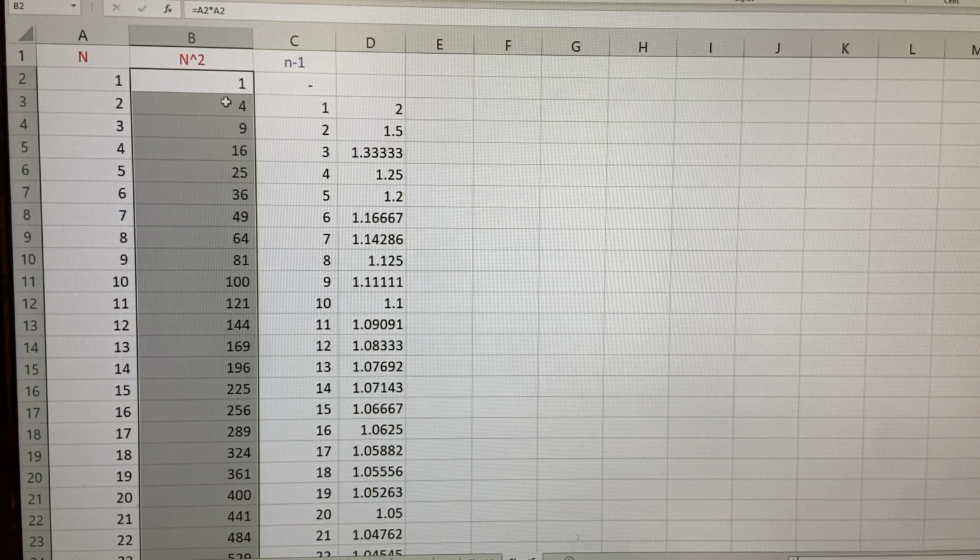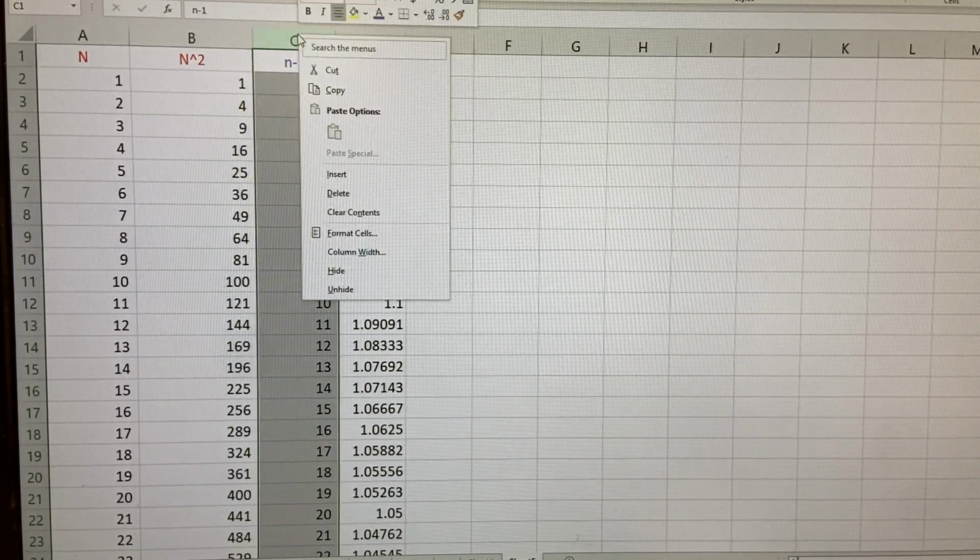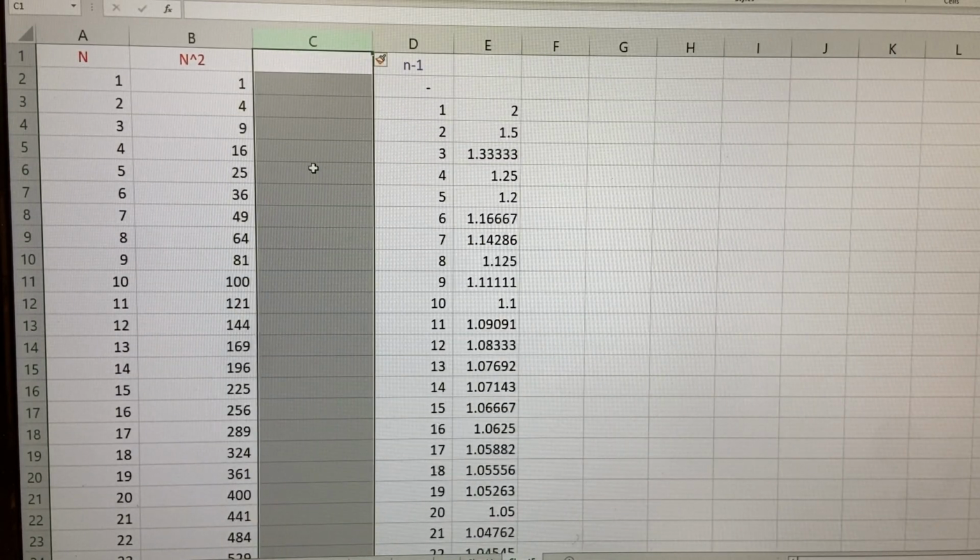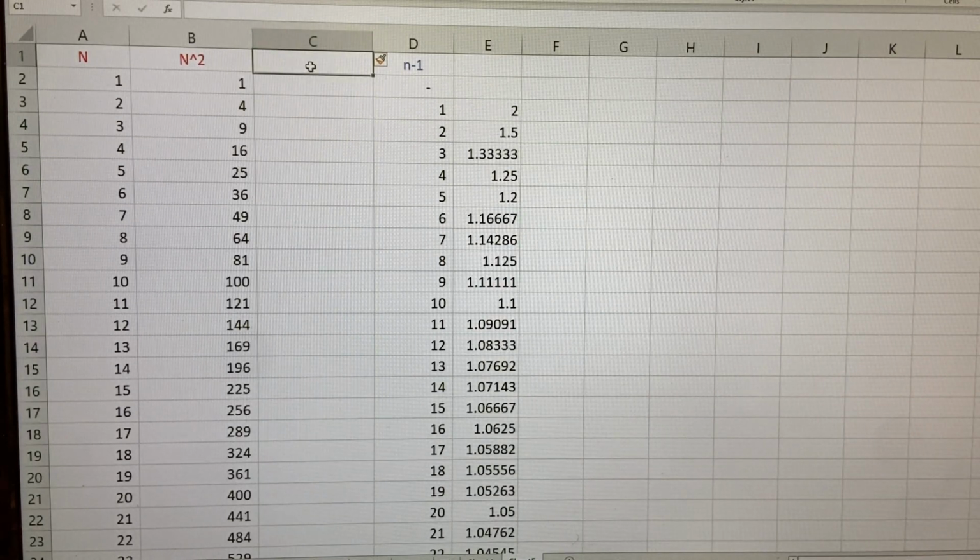And so for the division, one more column is needed here. So we're dividing by n, so I'm going to put here n squared divided by n.